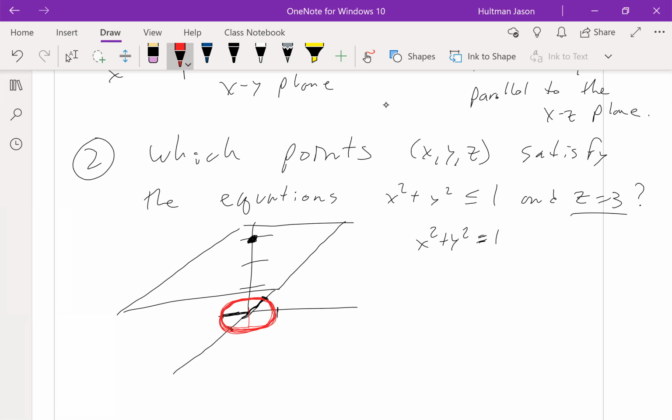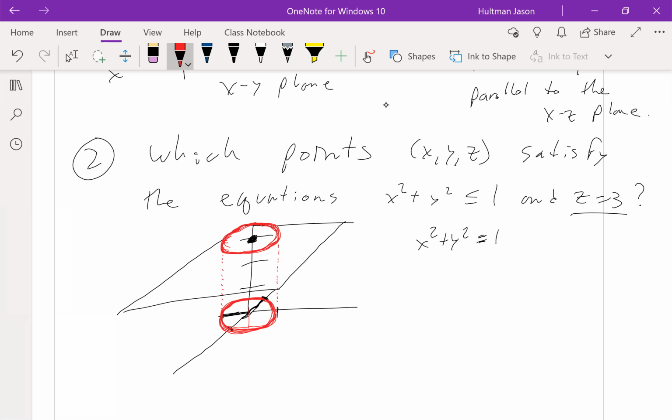It's got to be at 3. So I'm going to bring these lines up here, and then draw that ellipse again. You can see that this is going to be the top of a cylinder.